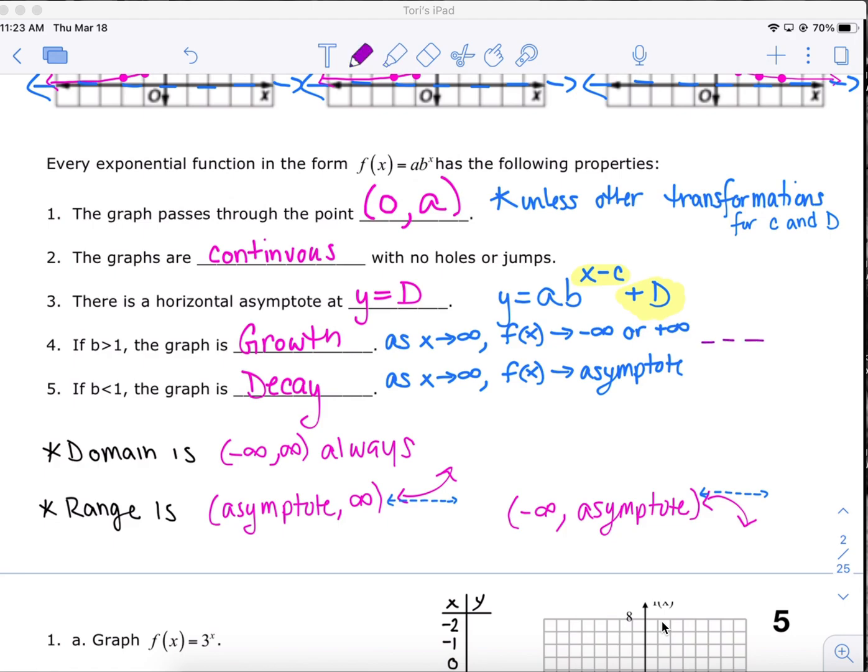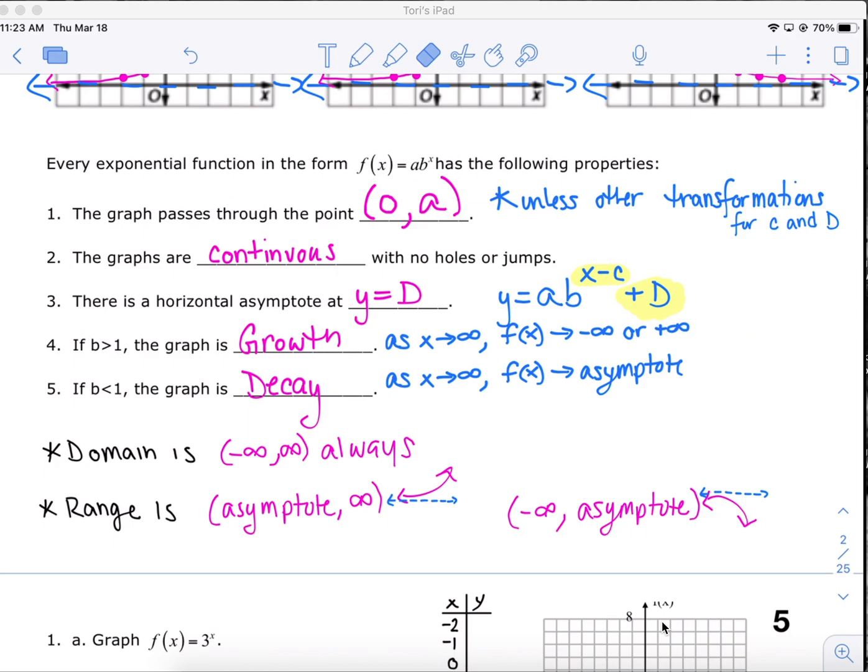Here's my asymptote, I could be growth if I'm moving this way or growth if I'm moving this way because I am moving away from the asymptote, okay? Your graph is decay if you are moving towards the asymptote. So as x gets closer to infinity, you are moving towards the asymptote. Both of these would be considered decay. Whether it's positive or negative doesn't matter.